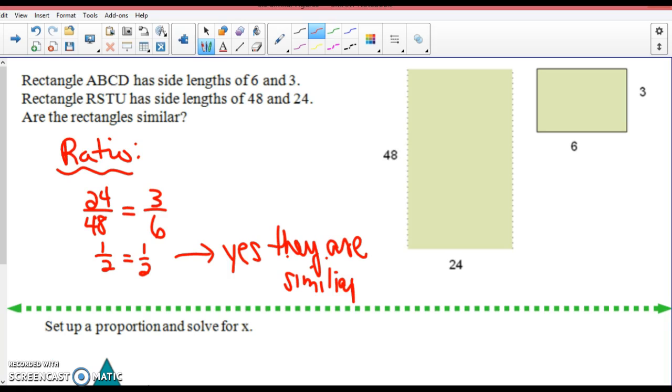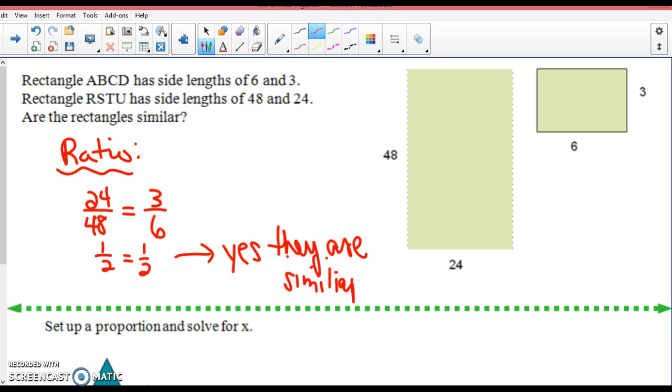Is this the short side over the long side? Did I set this one up short side over long side? So, which one of these is the short side? Short side over long side, 3 over 6.